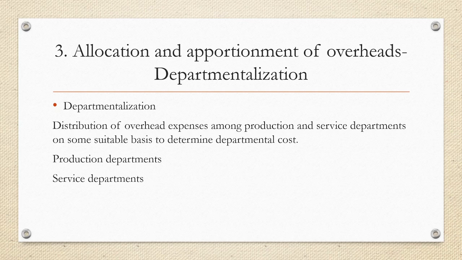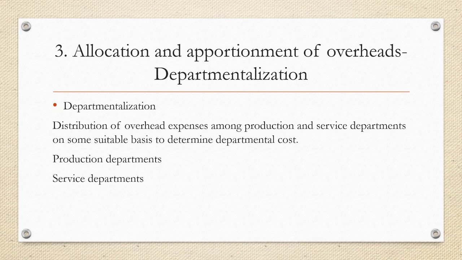have service departments. Service departments are not directly engaged in production. What is their task? They render services for the benefit of production and other departments. For example, we have the stores department. The stores department does not produce anything, but without the stores department, the production departments cannot survive. We have a timekeeping department, we have canteen, we have repairs and maintenance department, we have purchase department, we have transportation department, we have personnel department.